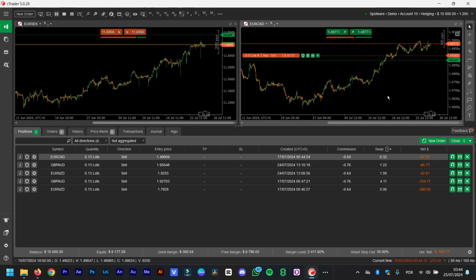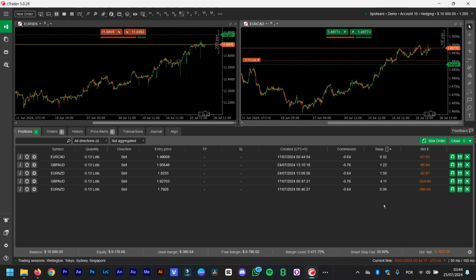Okay. And this is why, like I said, you always need to take into consideration being in a proportional lot sizing, because if you're not using proportional lot sizing, then you're most likely gonna blow up your account in the long run, and you don't want to do this, okay? And also, like I said, if that's all you're having in your life savings account, like $10,000, you should never put all of it in Forex.